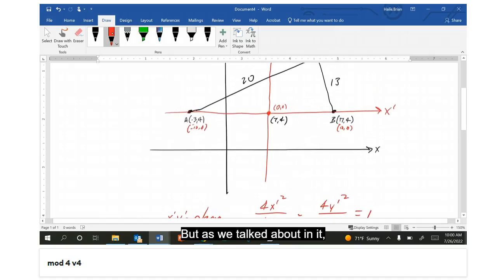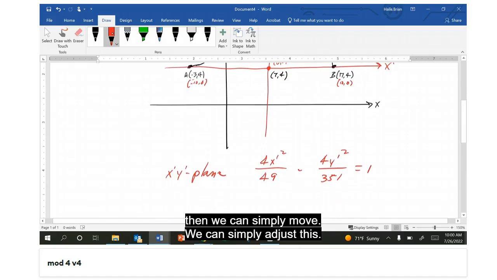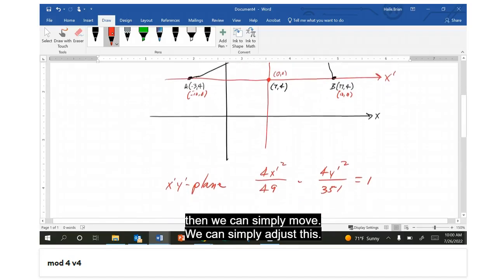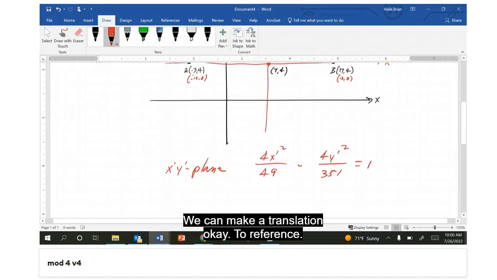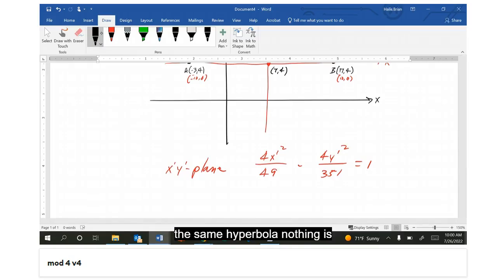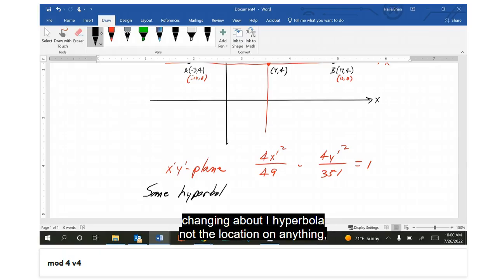But as we talked about in the first video in this section, on translation, we can simply adjust this. We can make a translation to reference the same hyperbola. Nothing is changing about the hyperbola, not the location, not anything.